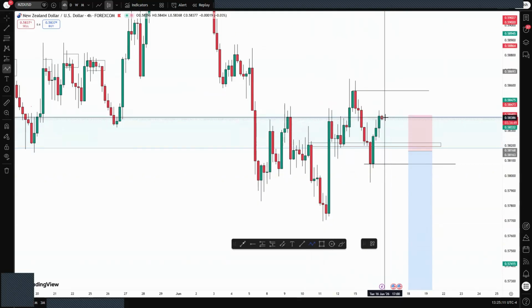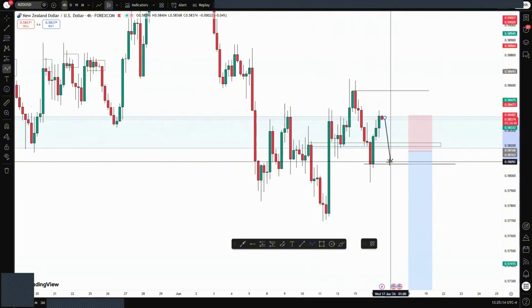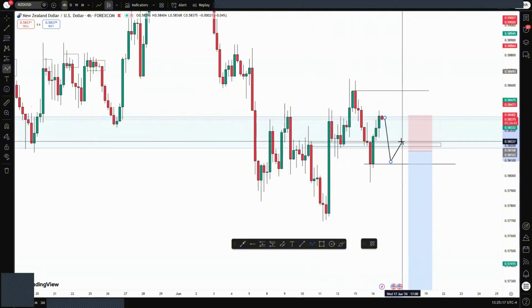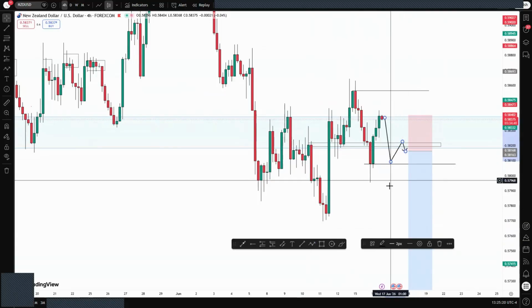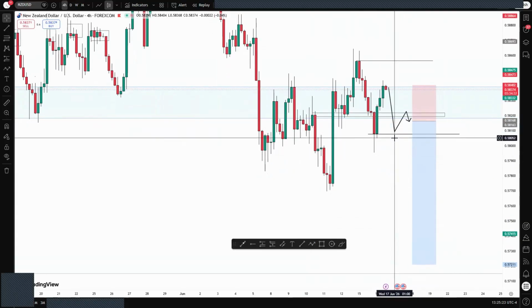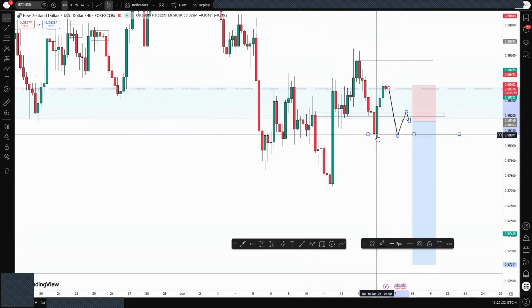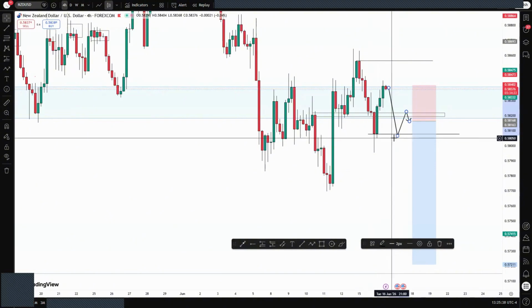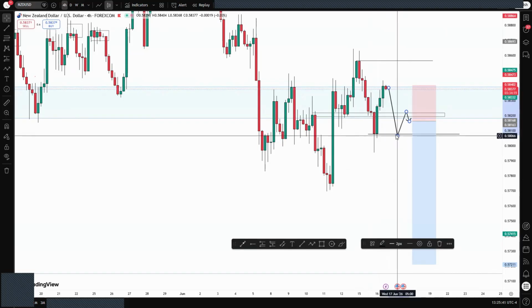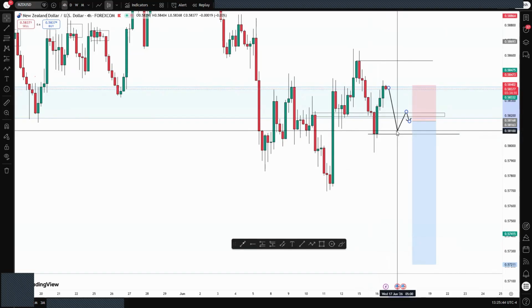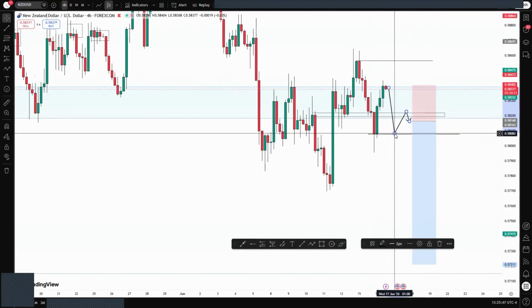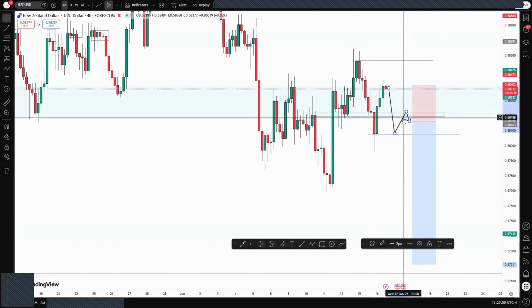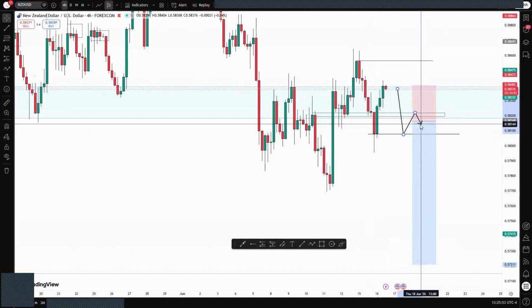So the only thing that's left is price to have a break and a retest and an entry position here. And we sell. You see? Provided price doesn't break below this lower low. Because then that becomes another scenario, okay? But this is what you have to follow if price breaks below here, okay?